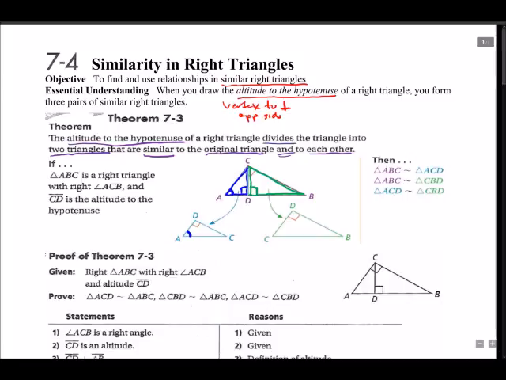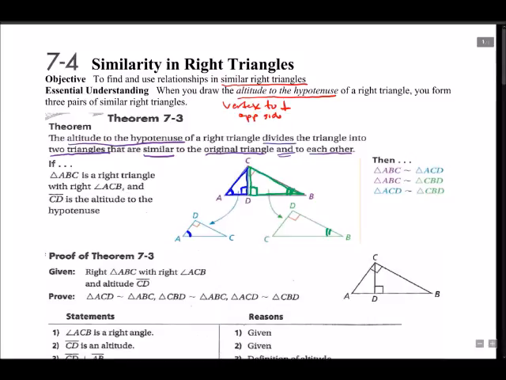And our green triangle has a right angle, and notice that it shares angle B with the original big triangle. Okay, and look here, you can see you have to flip it over and rotate it so that it lays there.